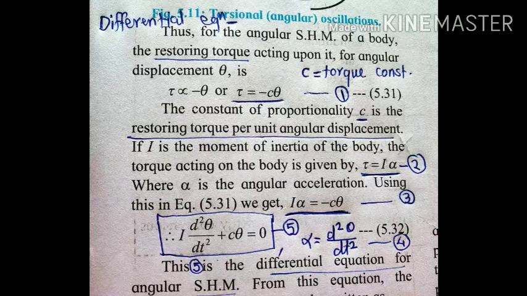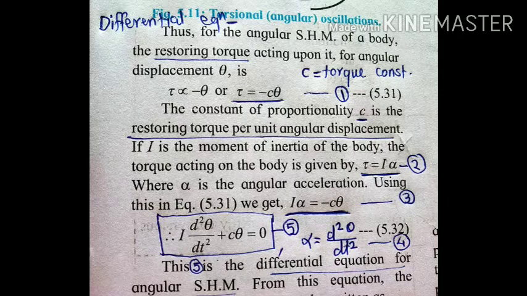This combination of two equal and opposite forces separated by some distance is called the torque, and this torque acting on the body produces rotational or angular motion, and thus the force is similar to the torque. Force in linear motion is similar to the torque in rotational motion.